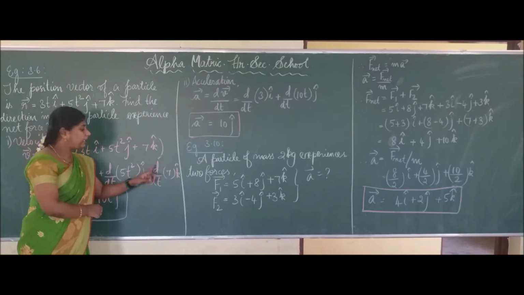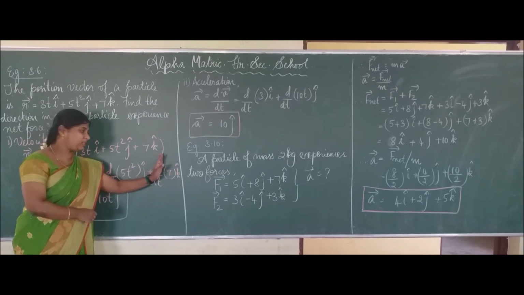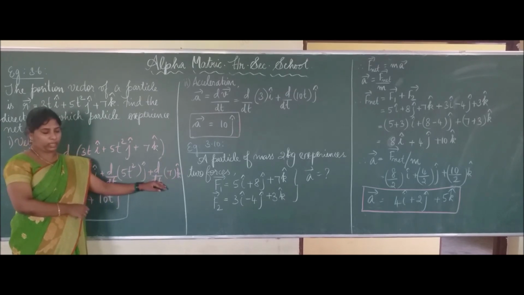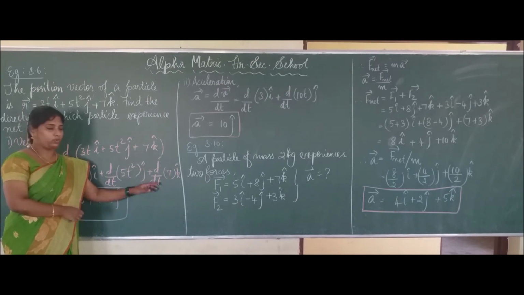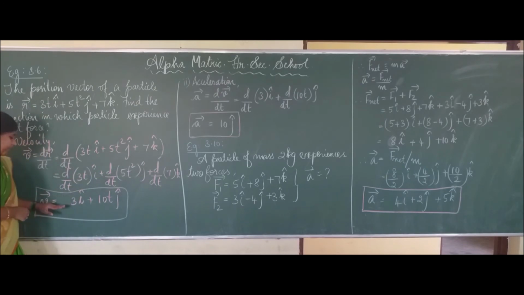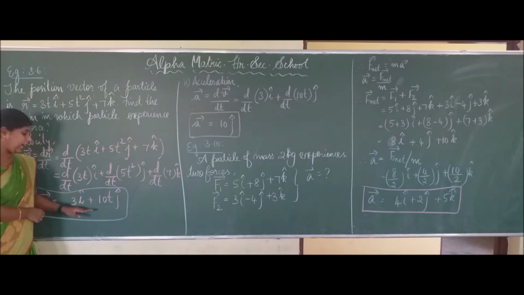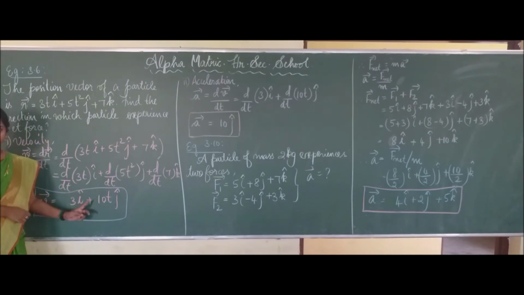Plus d by dt of 7k cap. There is no t term here, which means this term is constant. Whenever we differentiate a constant term, we get only 0. So the third term becomes 0. Okay, so v vector equal to 3 i cap plus 10t j cap. So we got the velocity of the particle.